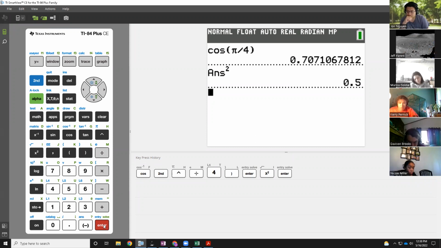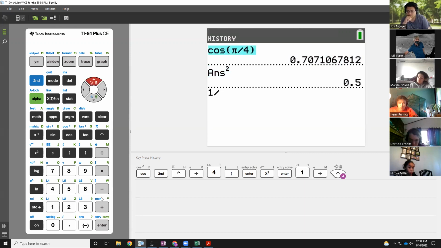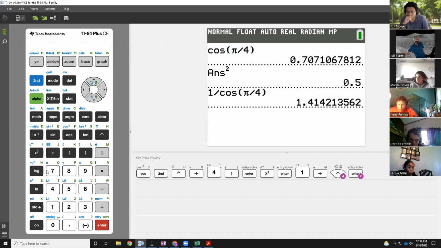Well, we got the reciprocal of that. If I take the reciprocal of this, then maybe you'll get a number that you do recognize. So I'll do 1 divided by that. If I hit the square key now, maybe you recognize that as the square root of 2.